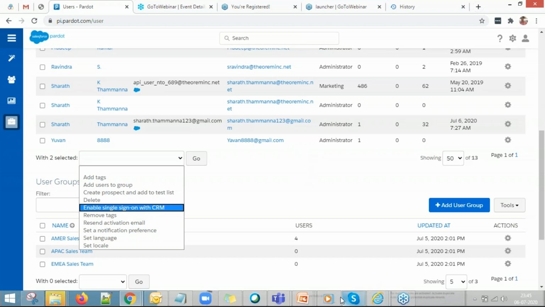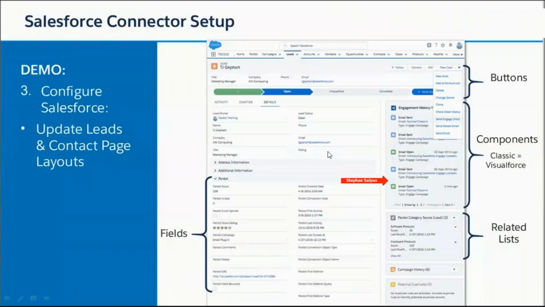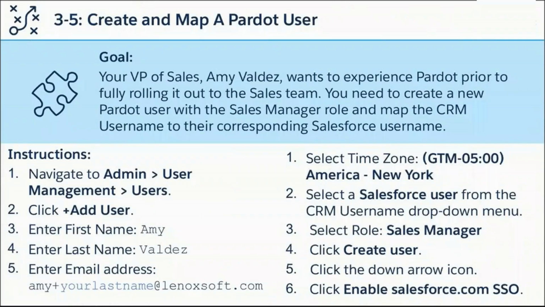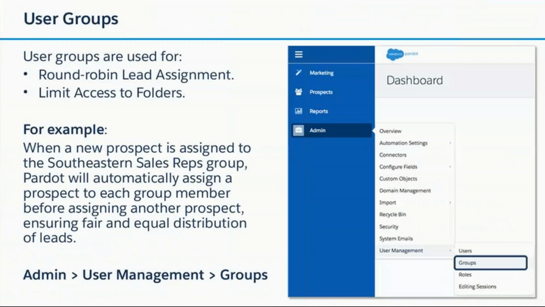And you can see the engagement activities of the prospects under the engagement history of that page layout. If it is a lead page layout, if it is a contact, he will see the contact page layout. How to map the users? I think while creating a user, we have an option to map that user.